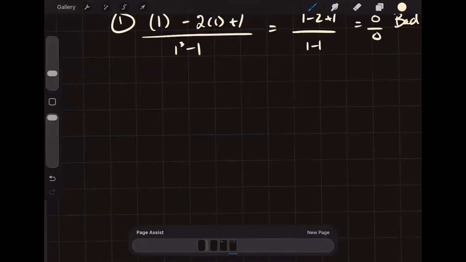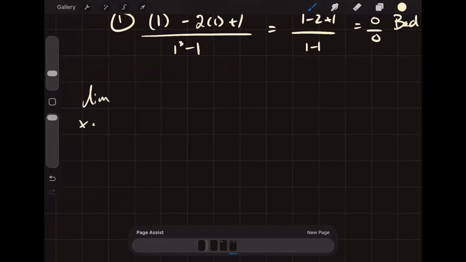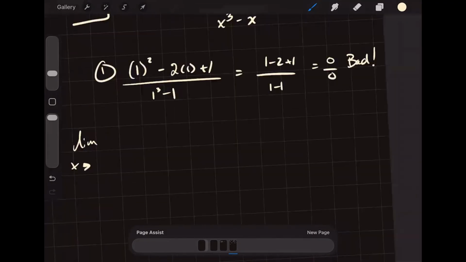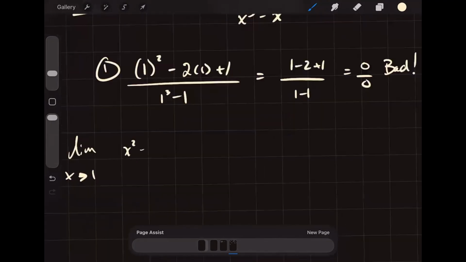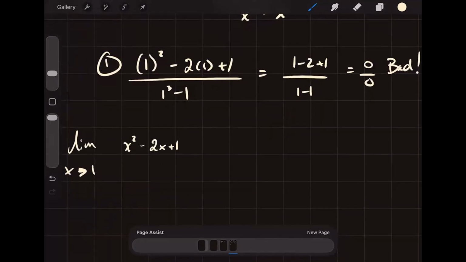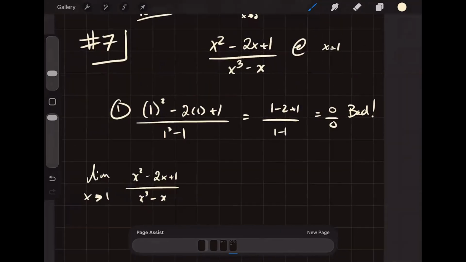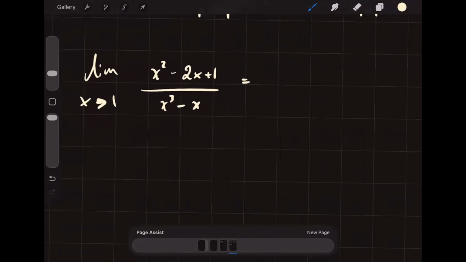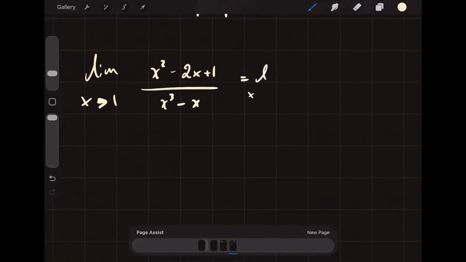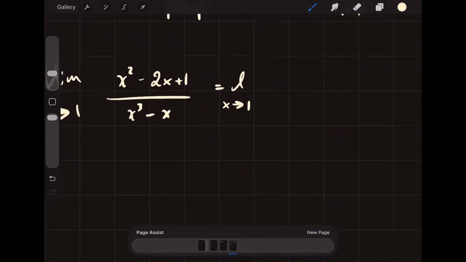So take the limit as x approaches 1 of x squared minus 2x plus 1 all over x cubed minus x. The first thing I'm going to do is factor, so this will be our factoring method. Limit as x approaches 1, please don't drop that sign, gives you x minus 1 squared all over x minus 1.